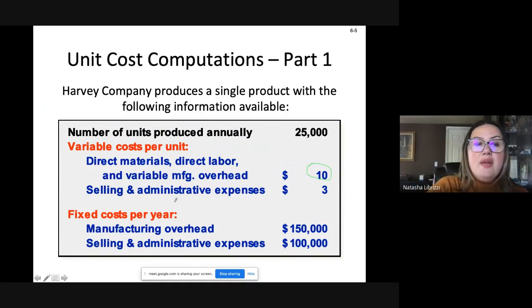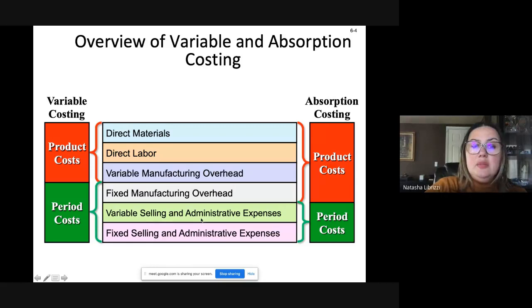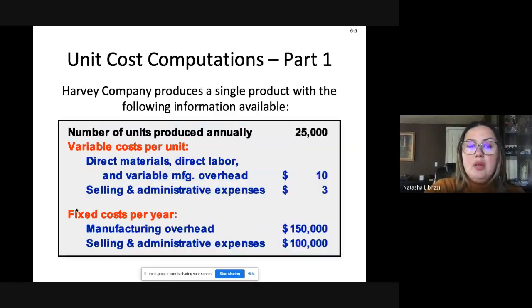Now, my variable selling and administrative expense is $3. And as you can see from here, variable selling and administrative expense under both methods is a period cost. So now we have fixed manufacturing overhead of 150,000 and fixed selling and administrative expense of 100,000.